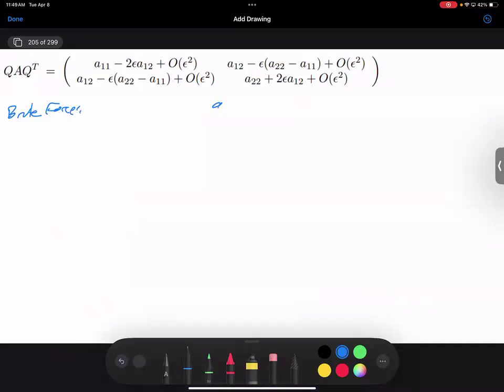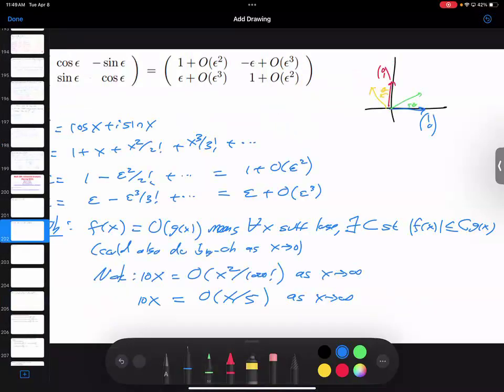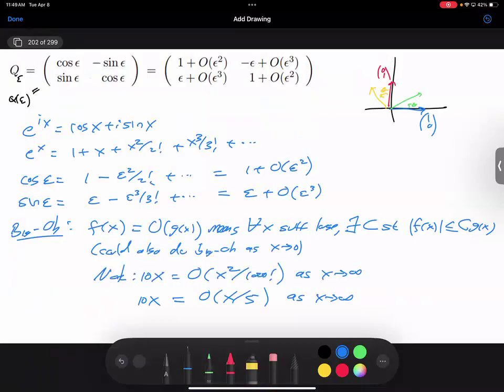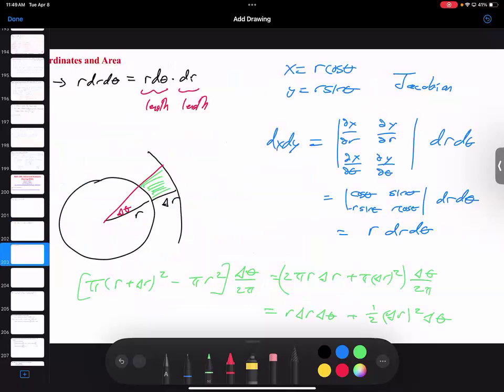So A was going to be A11, A12, A21, A22, and then we have Q transpose. It's not letting me copy it. Oh, well, all right.